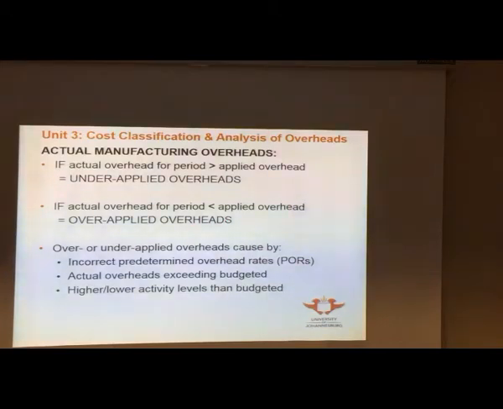So we need to be very careful when we choose our predetermined overhead rate that we choose the right cost driver and that we allocate it based on our best estimate of the number of units or the number of hours we're going to use or produce.